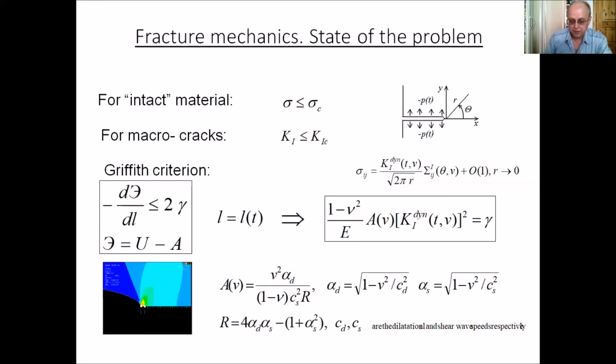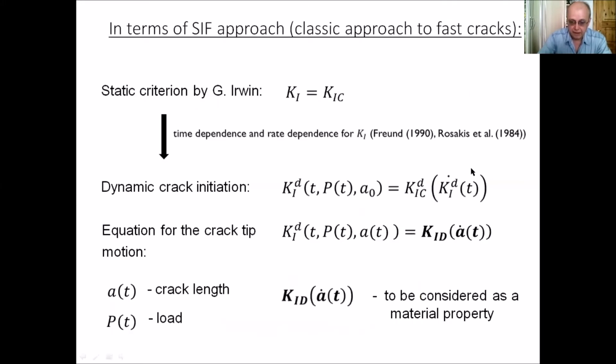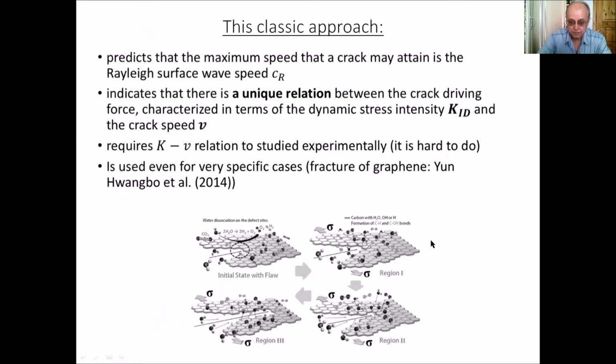In terms of the stress intensity factor, we can formulate the same principles in the form of the following equations, where the right-hand parts ought to be considered again as material properties. And there are two basic consequences from this classic analysis. First, it predicts that the maximum speed possible for a crack is the Rayleigh surface wave speed.